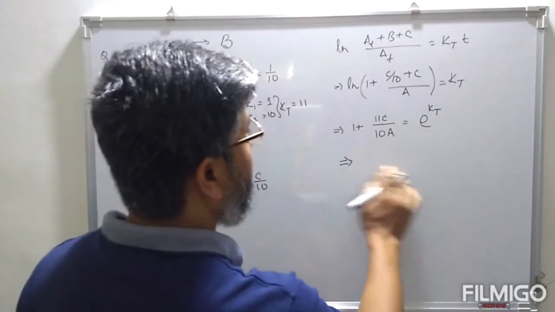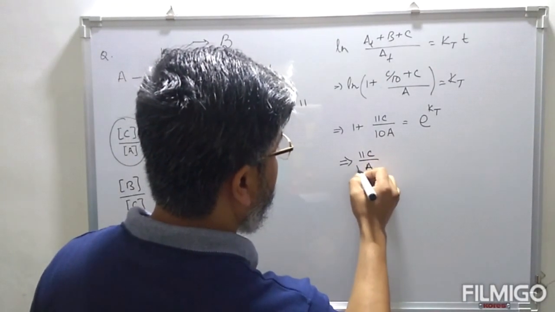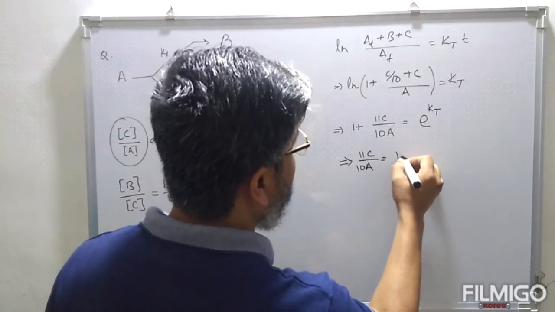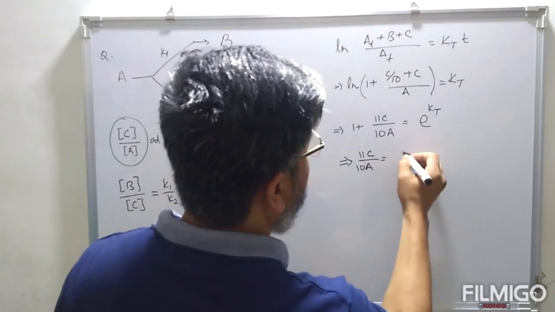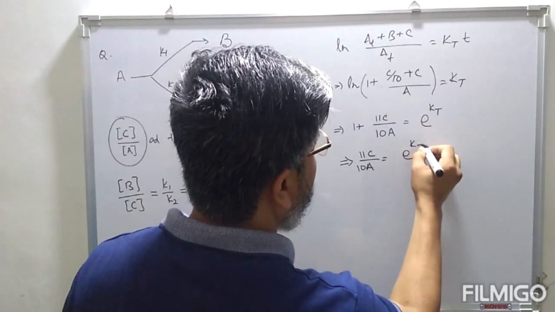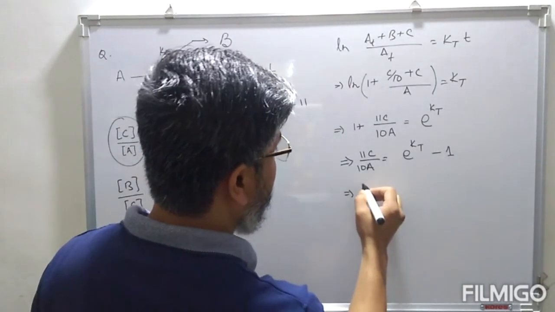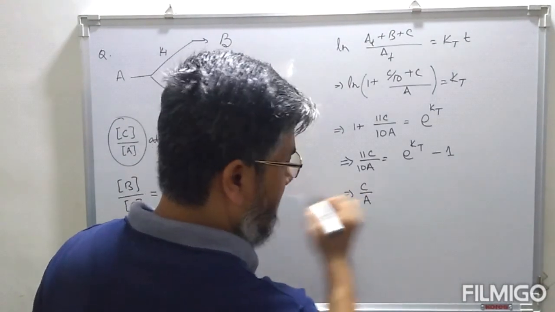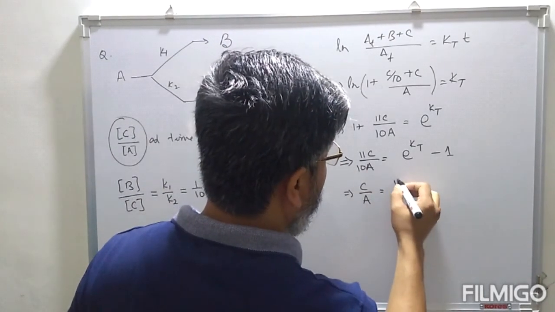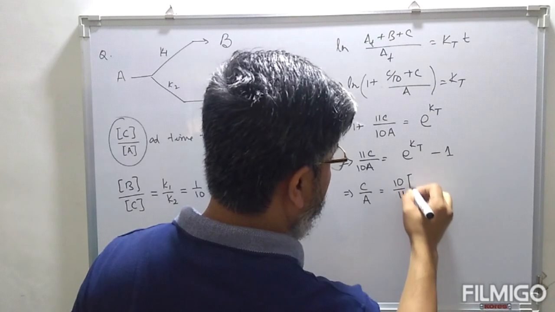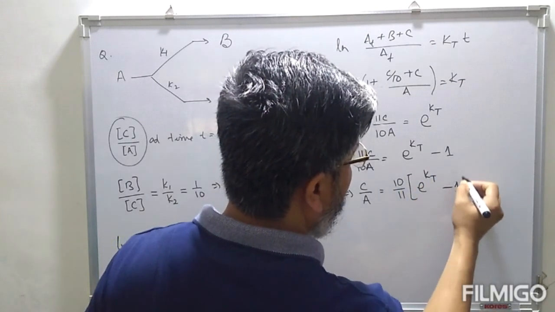So look at this, 11C by 10A is equal to exponential Kt minus 1. So C by A at any given instant is equal to 10 by 11 times exponential Kt minus 1.